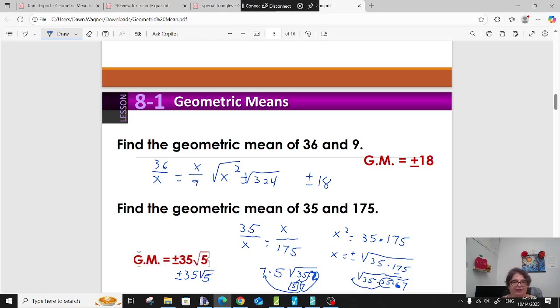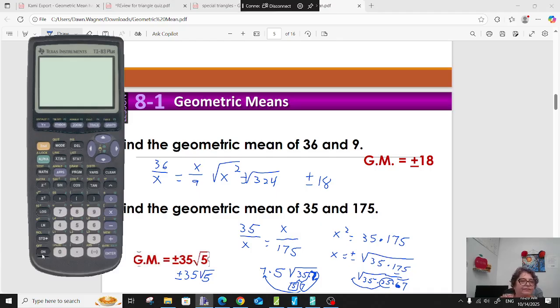Because what happens when I multiply 35 and 175? 35 times 175. Do I want to deal with trying to simplify that one? No, it's better to simplify them separately and then figure it out. Make sense or doesn't make sense?